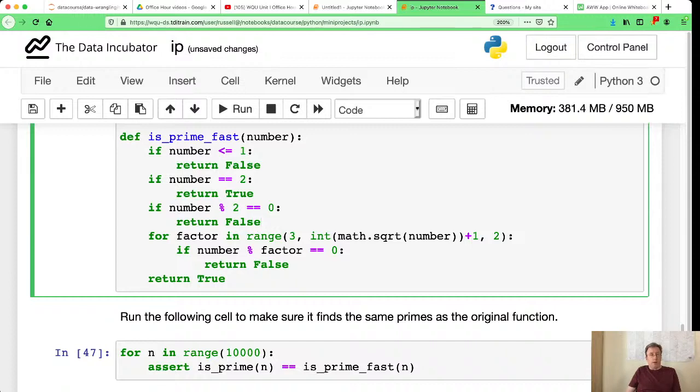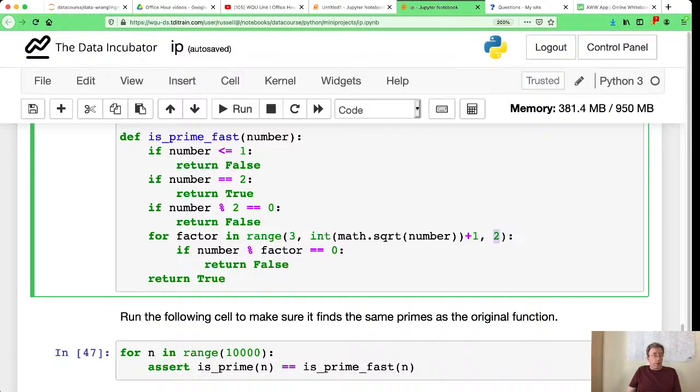If it's an even number that's not 2, it's not a prime number. So I could start at 3, I only have to go up to the square root, and I could try all the odd numbers. I don't have to try 4 or 6 or 8, because I've taken care of those. I only have to try the odd numbers.